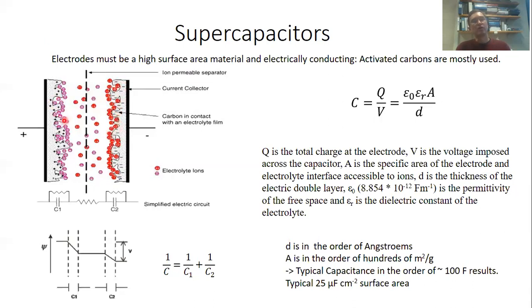Okay, so now the positive charges attract the negatively charged ions that are within the electrolyte. And the negative charges on the pores attract the positive ions, the cations, which are within the electrolyte.